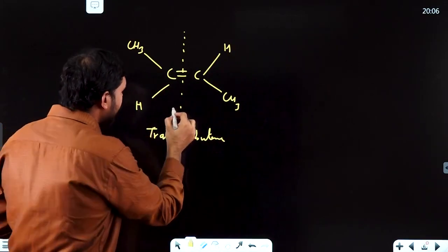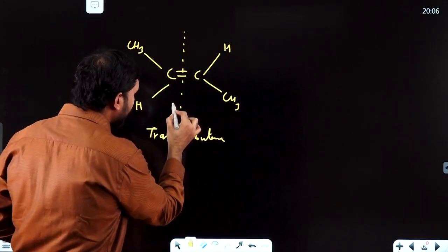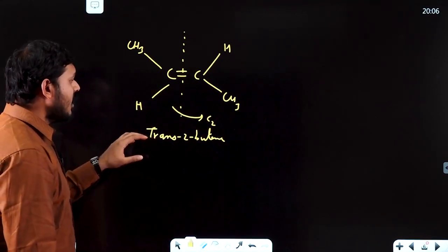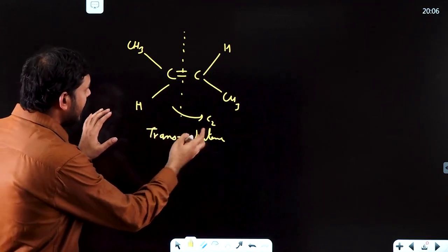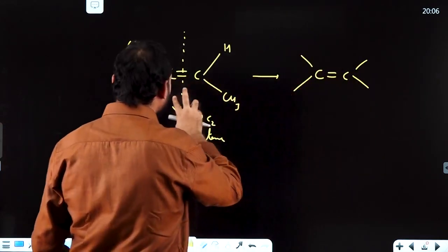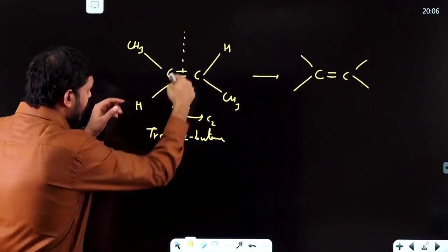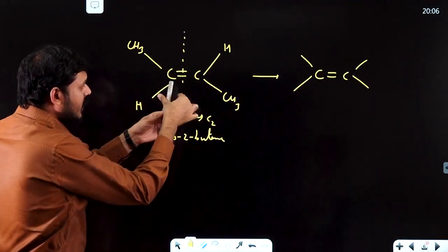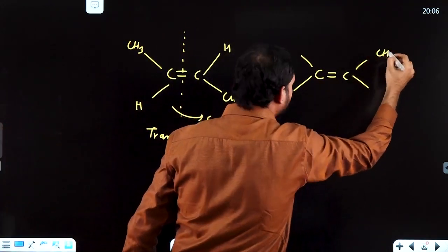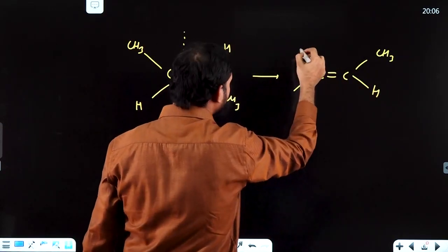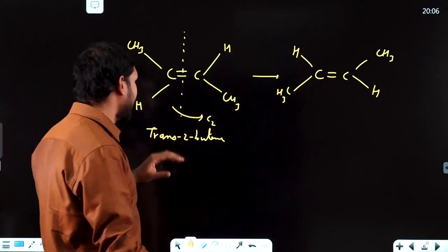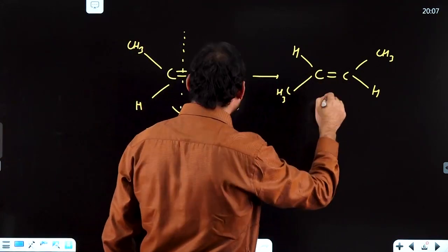In this molecule, if I take this plane and rotate it by C2, which means 180 degree rotation, then after rotating 180 degree, using this plane, this CH3 will come to this side, and H, and CH3. Because it is trans, it will remain trans, right? We are not rotating only this part, so again it is trans-2-butene, but rotated.